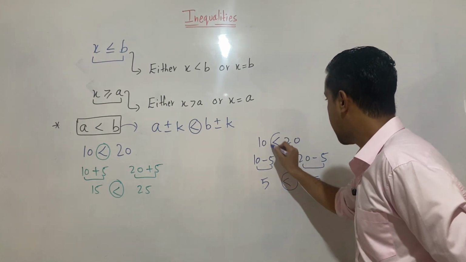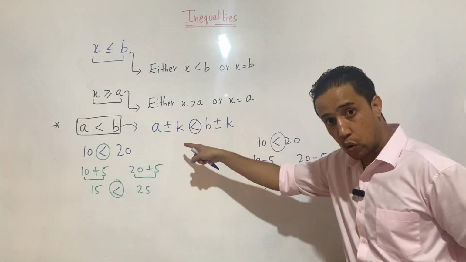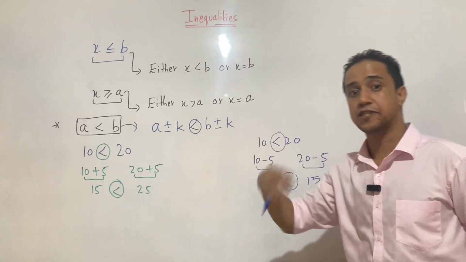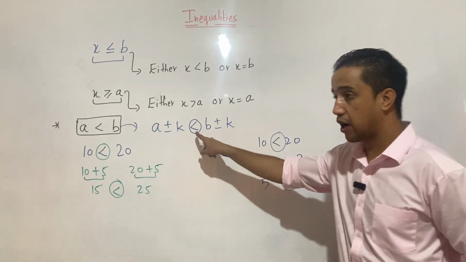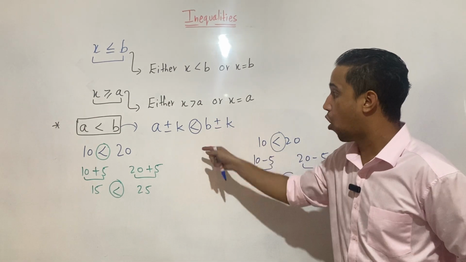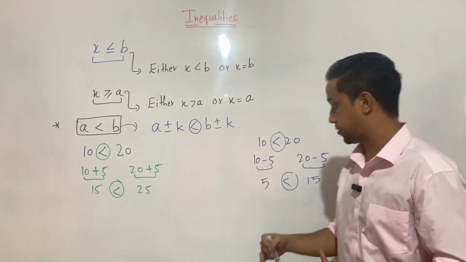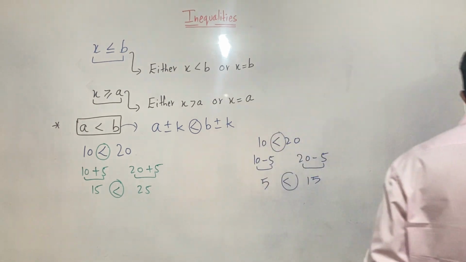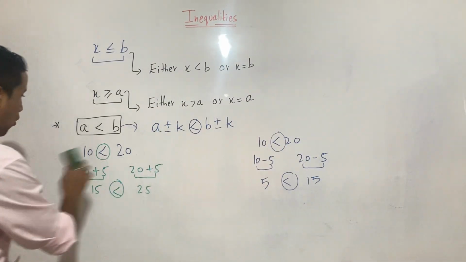You can see if you increase or decrease the values on either side of an inequality by some constant, then it won't affect the sign of the inequality, or the sign won't get inverted. I hope you got my point. Now let's come to the next point.